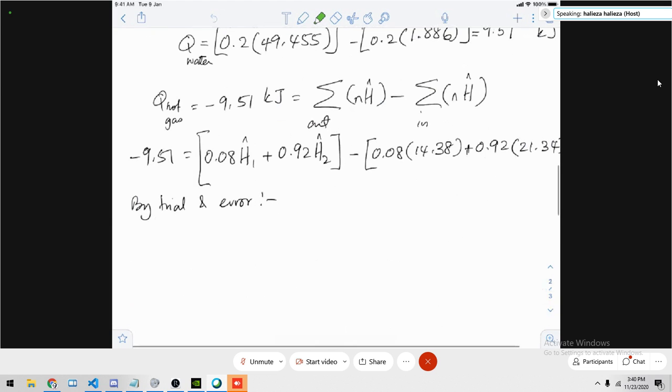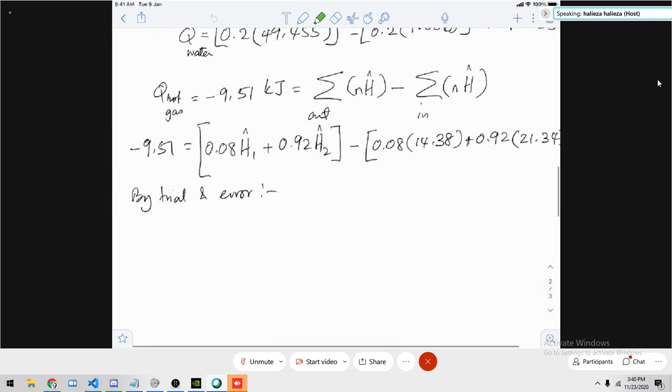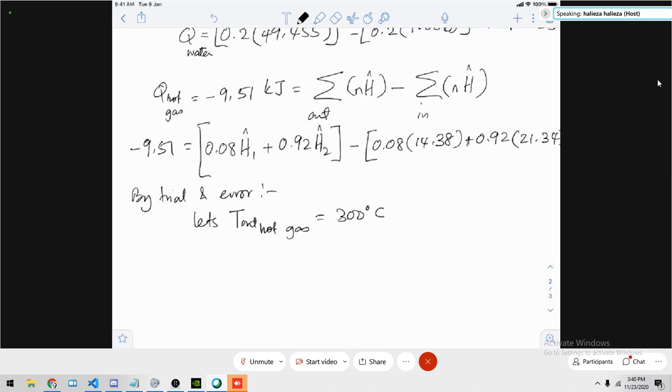First trial: hot gas outlet equals 300 degrees C. At that temperature, H1 for CO is 8.17 kilojoules per mole, and for carbon dioxide, 11.58.